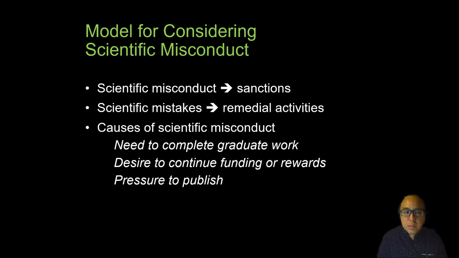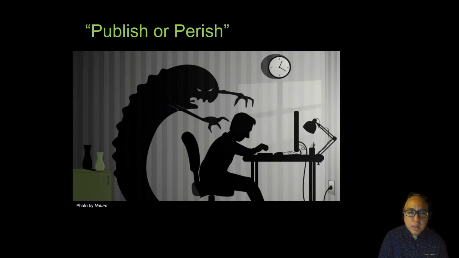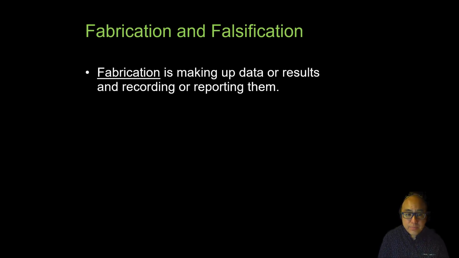So there's this pressure to publish, especially among faculty members and graduate students at an R01 institution, where this whole publish or perish environment is there, where you constantly have to publish in order to satisfy requirements for promotion, rank, and tenure. So there's a lot of pressure to publish, which may lead, unfortunately, researchers to either fabricate or falsify data.